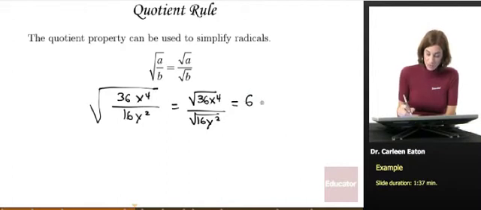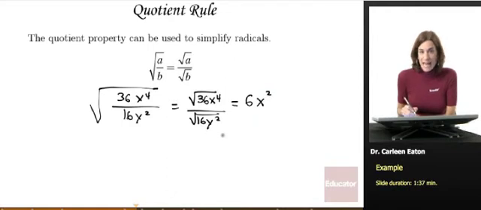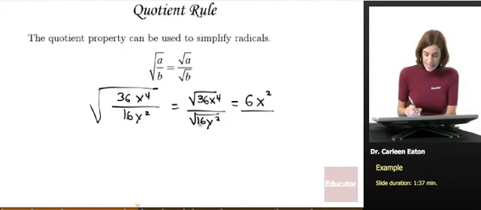And then I have x to the fourth. And remember what we just talked about with even powers. This is going to be x, 4 divided by 2 is 2. And I don't even need the absolute value bar here because this is an x to an even power. So this expression x squared will always be positive.